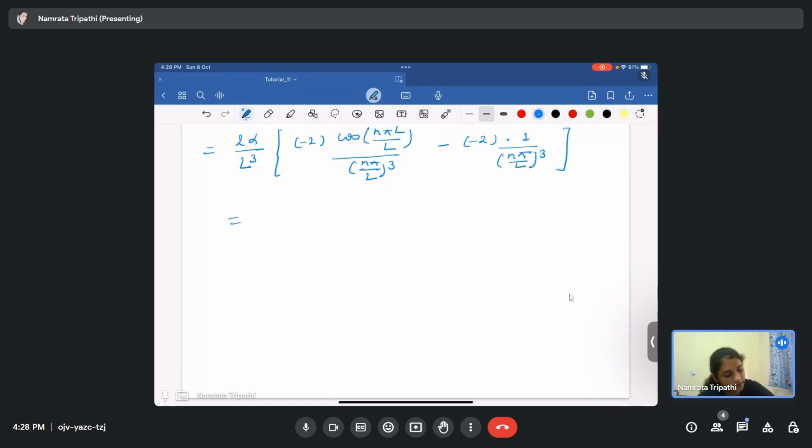2 we can take outside, 4 alpha upon L cube. Okay. This will become plus L cube upon n cube pi cube. We can take it outside, so 1 minus cos n pi, the value of cos n pi is minus 1 to the power n.